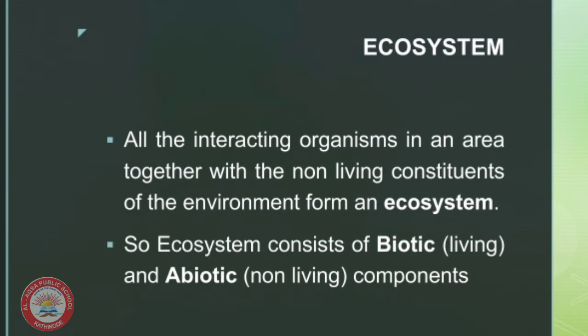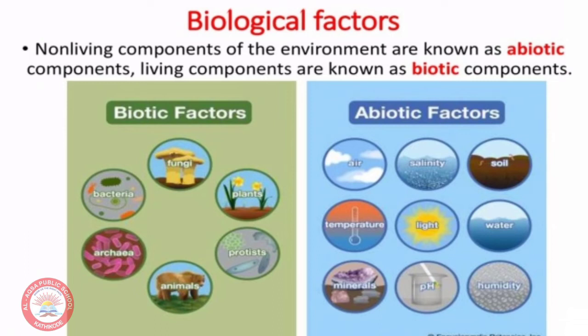The living things are called the biotic components and the non-living things are called the abiotic components. Biotic components or factors include all living things like plants, animals, microorganisms, etc. And abiotic factors include all non-living factors like air, soil, temperature, light, minerals, etc.